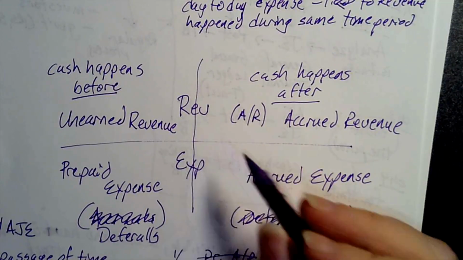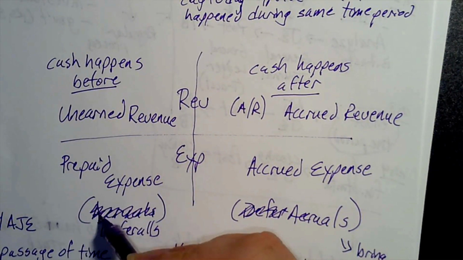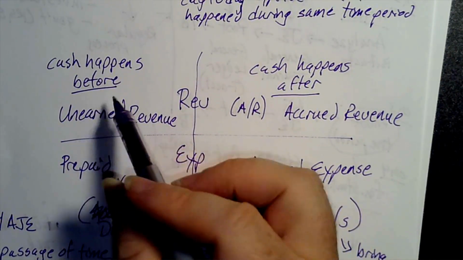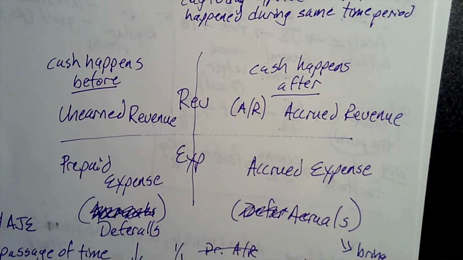So we're accruing the revenue or accruing the expense, bringing forward the revenue or expense. And deferral means to put off till later. So we receive the cash before, and then we defer the revenue or we defer recording the expense until after the cash happens.